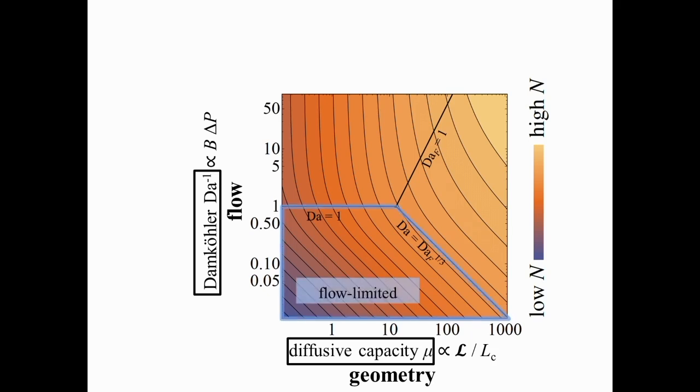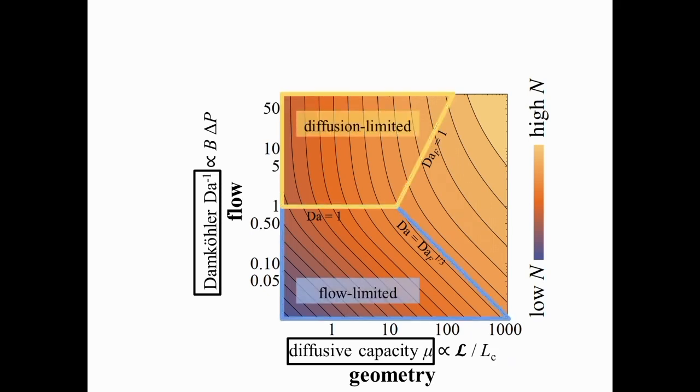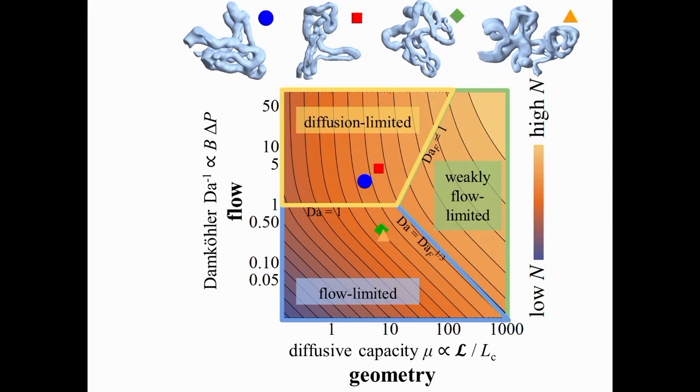I've mentioned before the flow limited and diffusion limited regimes, and there's another one that pops up, which we call weakly flow limited, where concentration boundary layers become strong. So where does the real data lie? For transport of oxygen, it's midway between the diffusion limited and flow limited regimes, and safely outside weakly flow limited, which means that there are no concentration boundary layers.